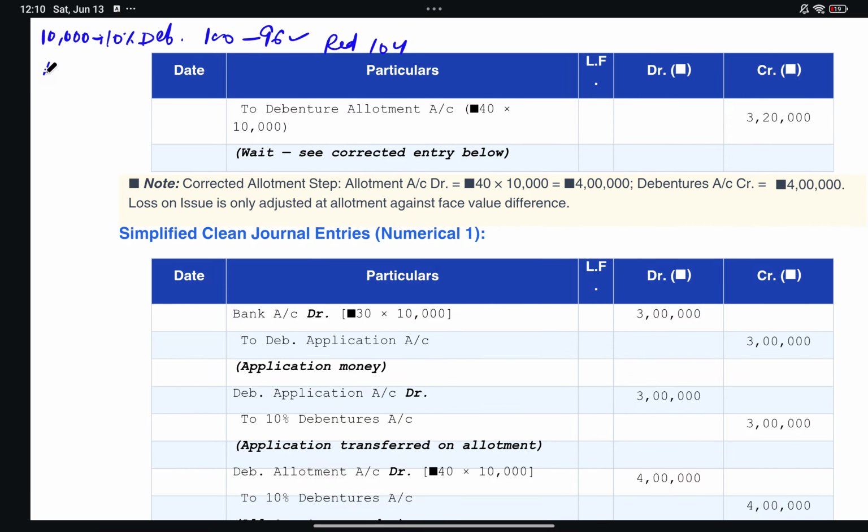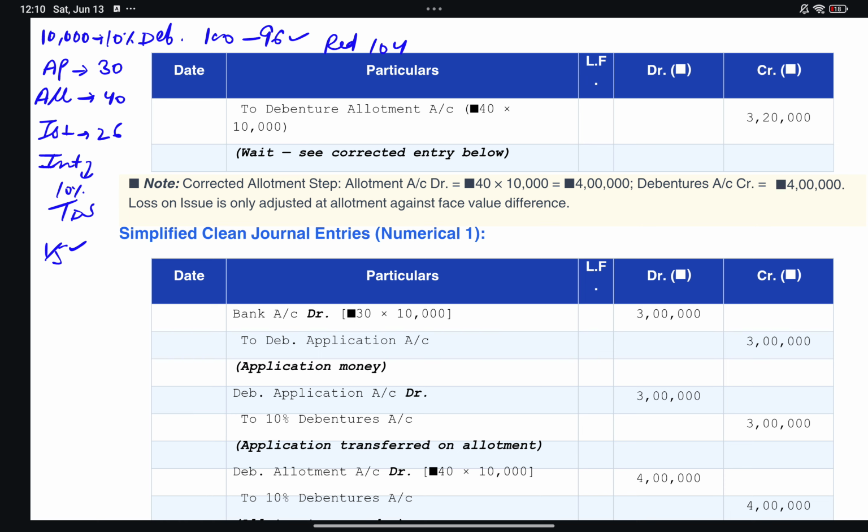On application we will receive 30 rupees, on allotment 40 rupees, on first call 26 rupees, and interest TDS will be 10%. Got it? And 1/5 we have to write off each year.